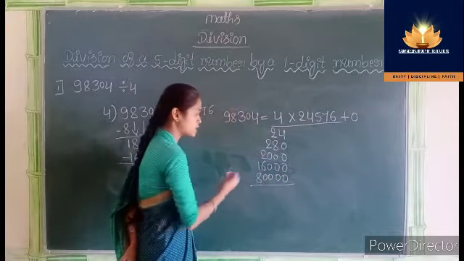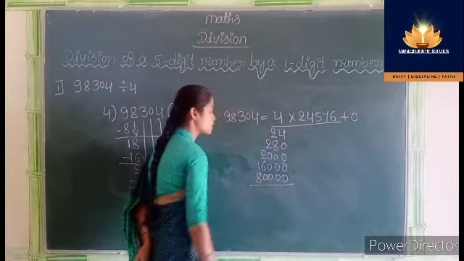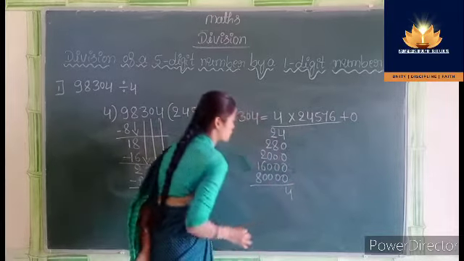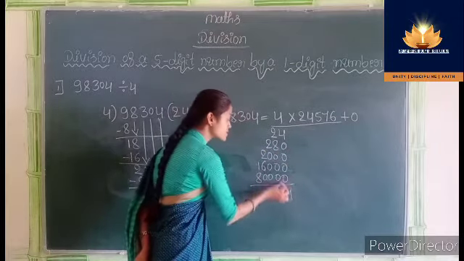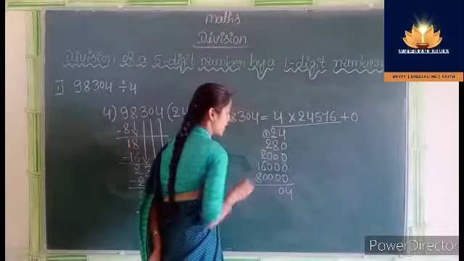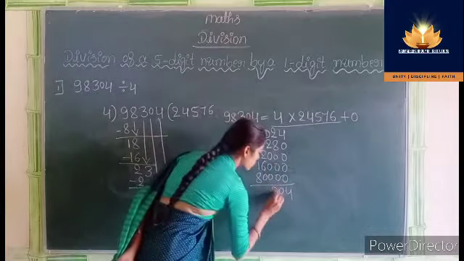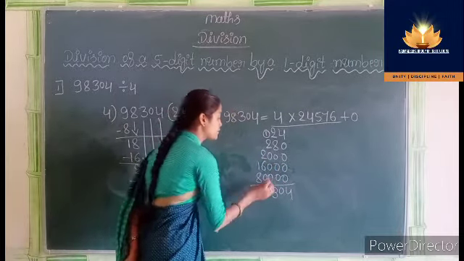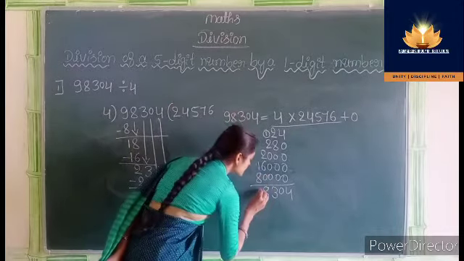Now add all these products. 4 plus 0, 4, 4 plus 0, 4, 4 plus 0, 4, 4 plus 0, 4. 2 plus 8, that is 10, 10 plus 0, 10 only, 0, then 1 carry over, 1 plus 2, 3, 3 plus 0, 3, then 2 plus 6, 8, 8 plus 0, 8, then 1 plus 8, that is 9.